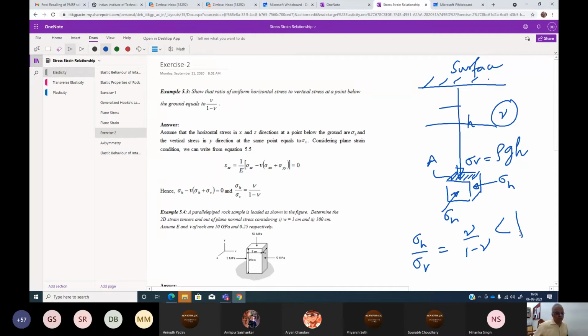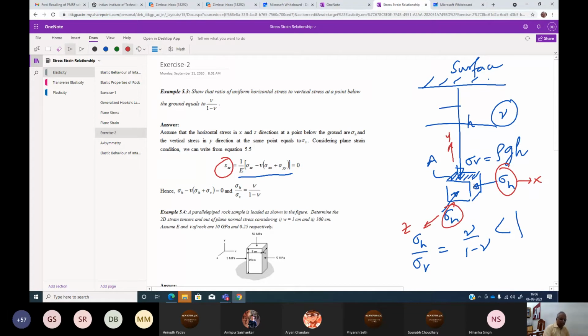Now for solid, we'll write this equation. Let's say any one is Z in this direction, this is X, and this is Y. Below ground, this stress is generated simply because the strain has been put to 0.